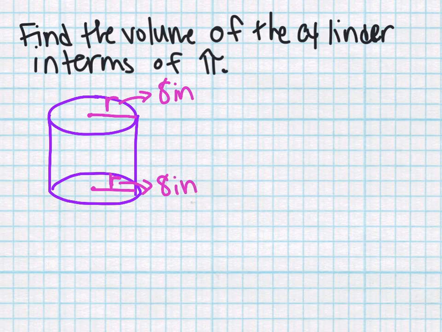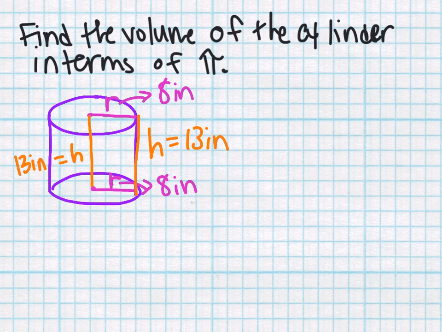Has to be the same in a cylinder. Then I'm going to tell you that the height is 13 inches. So height can be outside, or again, I could draw a height here on the inside, and it would still be 13 inches because it's still the same cylinder. So it doesn't matter which spot I draw it in.